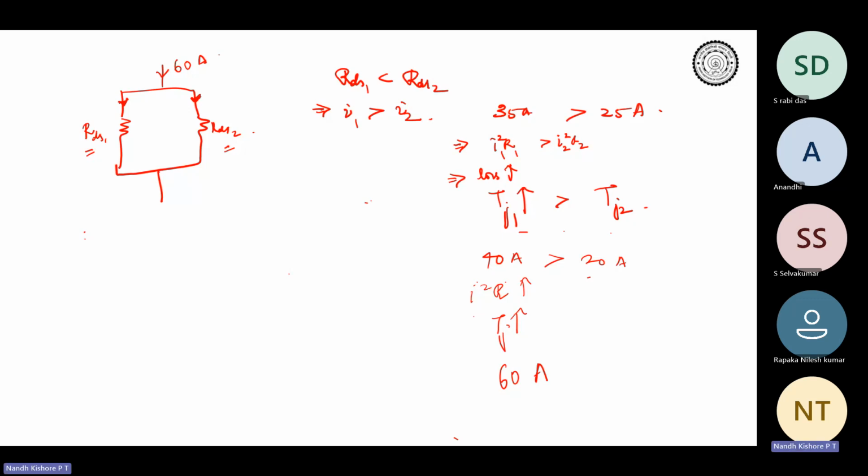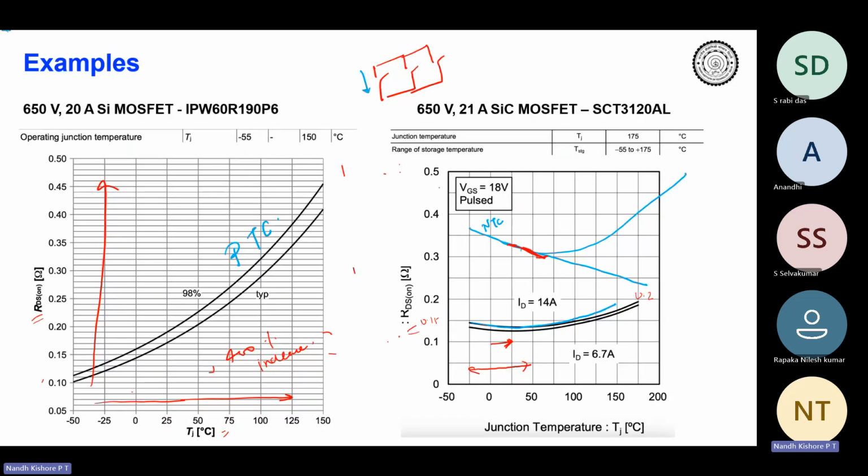So this is the classic scenario of what happens in minority charge carrier devices like BJTs. This is why you would have studied that you generally don't parallel BJTs. The reason is that they have a negative temperature coefficient of resistance. But in MOSFETs, you will see that you generally have a positive temperature coefficient.